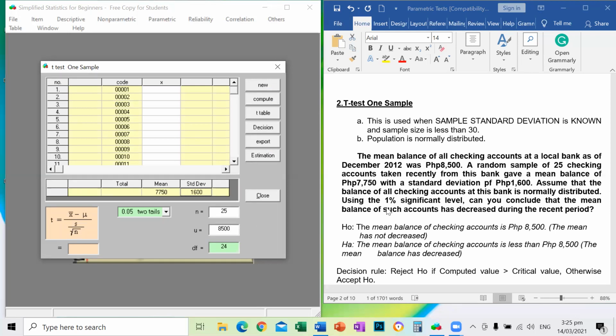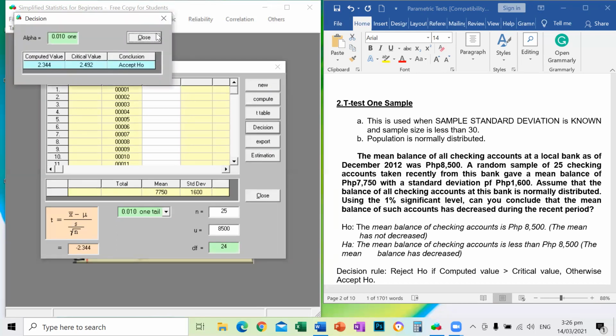Can you conclude that the mean balance of such accounts has decreased during the recent period? Referring to this statement, we can say that you have a two-tailed test at 1%. So let's find 1%, 0.01, one-tailed test pala. Okay, 0.01 and then one-tailed test. Then click compute, then decision.